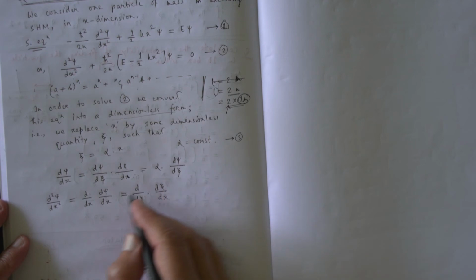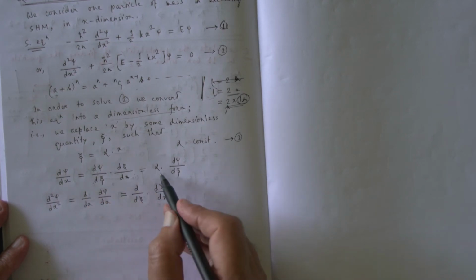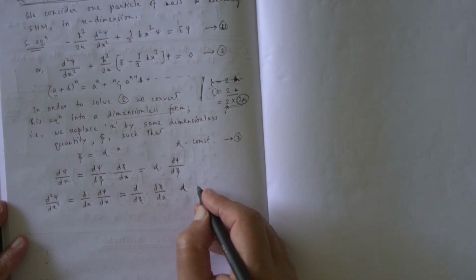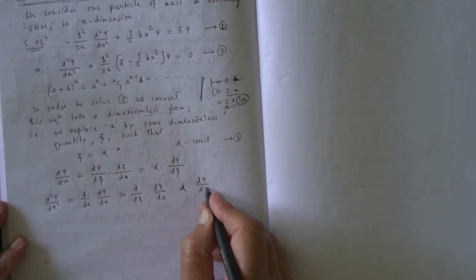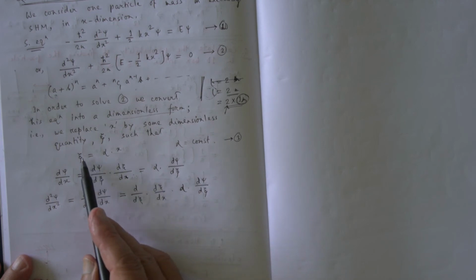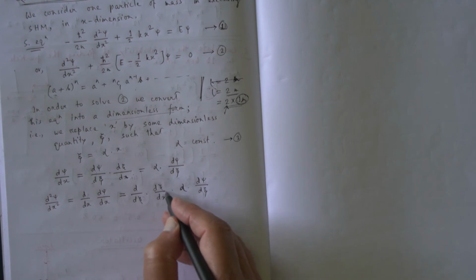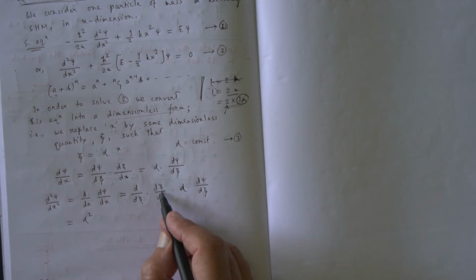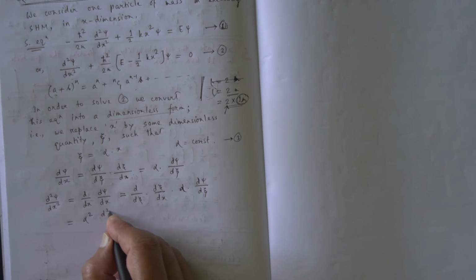So we can write d by dx as alpha into d by d xi, and d psi by dx equals alpha d psi by d xi. So we get alpha square, because alpha is a constant and we can take it out: alpha square d2 psi by d xi square. This is what we write for d2 psi by dx square.